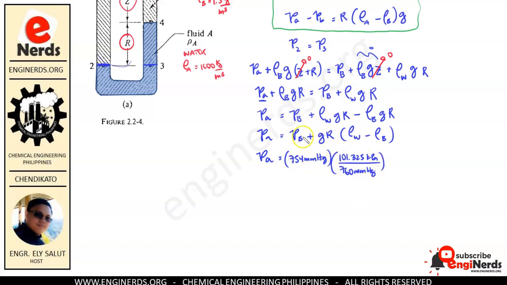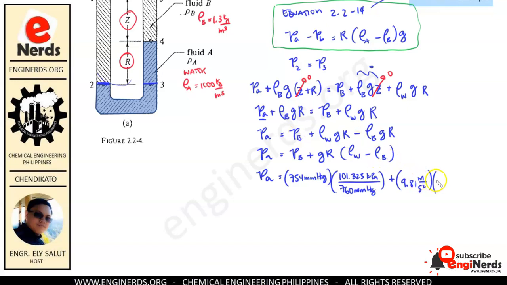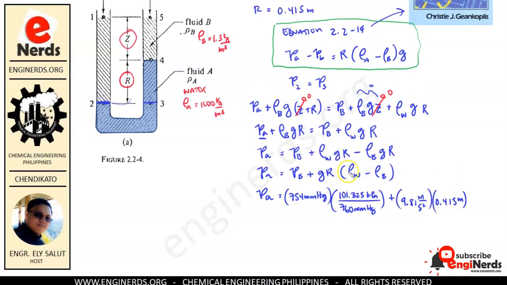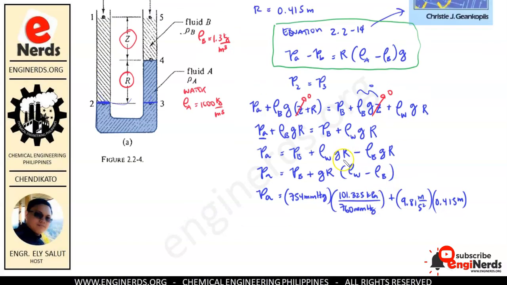Okay, so our PB is now okay. Now we are going to add first our acceleration due to gravity, which is 9.81 meter per second squared, and then our R. Our given R is 0.415 meters. Then we will subtract the density of water and the density of our fluid. What is the density of water?